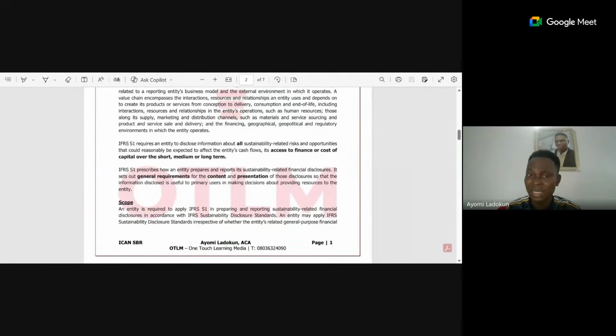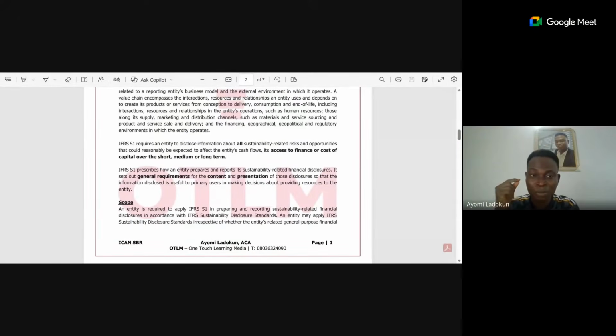IFRS S1 also says that all sustainability-related risks and opportunities that could reasonably be expected to affect, look at that, to affect the entity's cash flows, its access to finance or cost of capital over the short, medium, and long term. That's it.